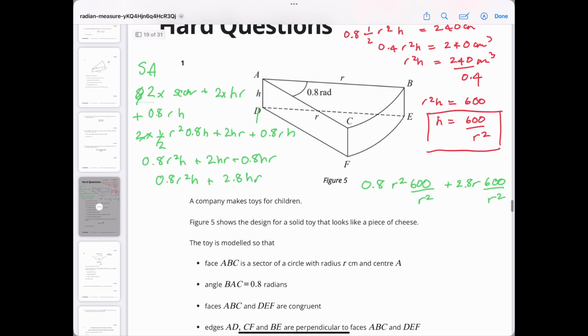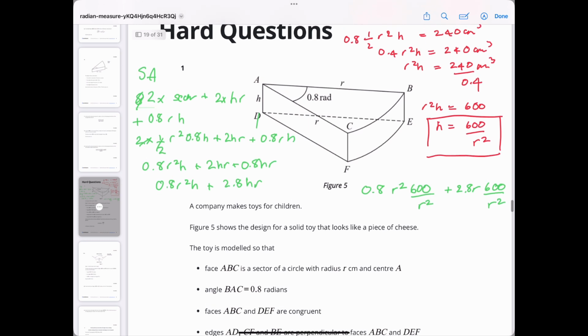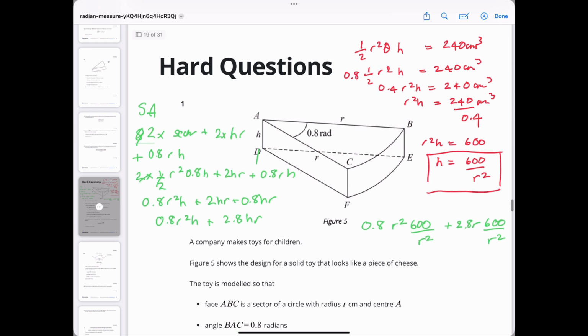Okay, hang on. 2 times the sector. There's no h in the sector. So that would just take that out. So we've got 0.8 r squared plus whatever 2.8 times 600 is.